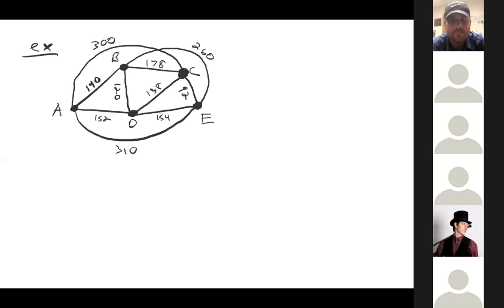I'll pick one. So I'm going to start at the letter D. If I start at D, I have 1, 2, 3, 4 choices of where I can go. And I should choose the smallest one. So it looks like I'm going to choose the 120.